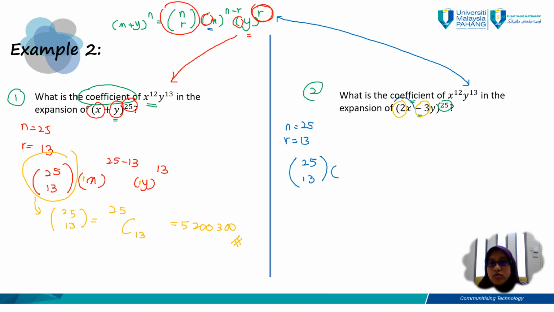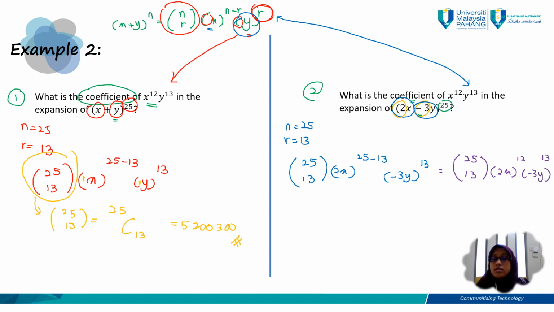Our x is 2x, so 2x to the power of 25 minus 13, multiplied with, what is our y here? y is minus 3y to the power of 13. So actually I need to find 25 choose 13 multiplied with (2x) to the power of 12 and (minus 3y) to the power of 13.